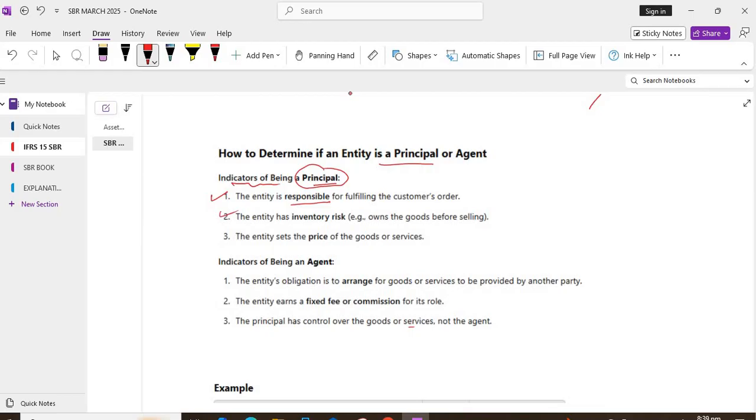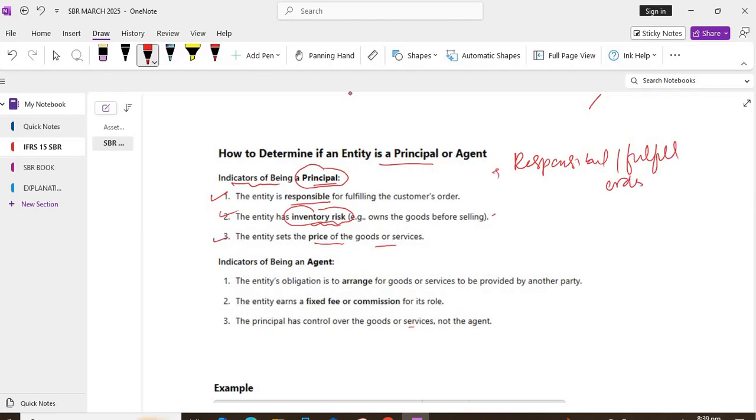The second is inventory risk, meaning if you are bearing the inventory risk, then you are the principal. And the third one is that the entity sets prices for the goods or services. So we have just studied three indicators. When you find these indicators, it means that you are acting as a principal. The first one is responsibility for the commitment of selling or fulfilling the order.